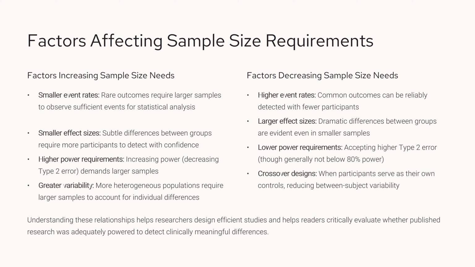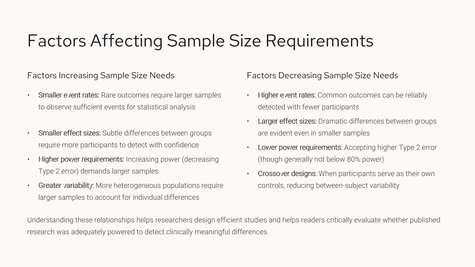So what are some factors that affect sample size requirements? Factors that increase the need for sample sizes are smaller event rates, which we already saw. If you have a rare event, you're going to need really big samples to find that rare event. If you have small effect sizes between the groups, meaning that they are different, but they're really close, then you're going to need really precise measurements. And how do you get precision? You need more sample size.